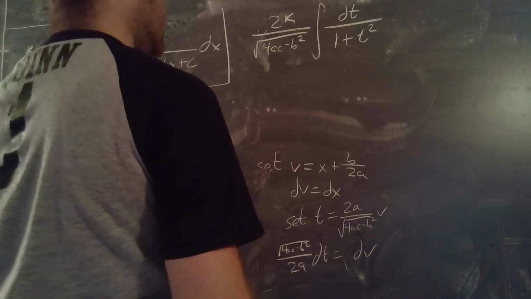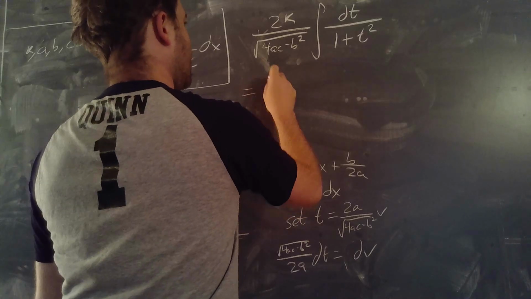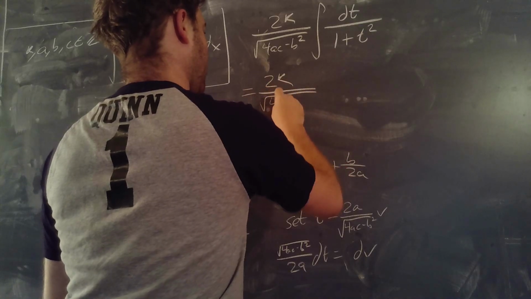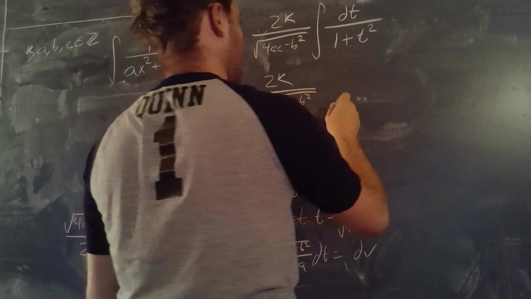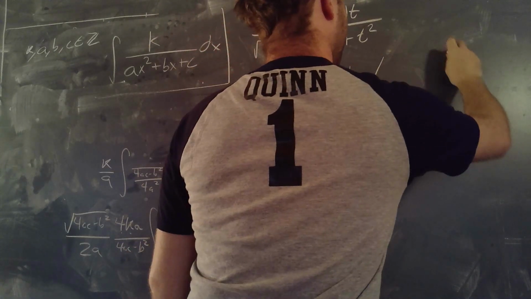And that, of course, is arctangent. So we get 2k over square root 4ac minus b squared, the arctangent of t.